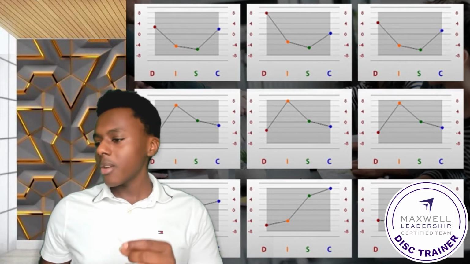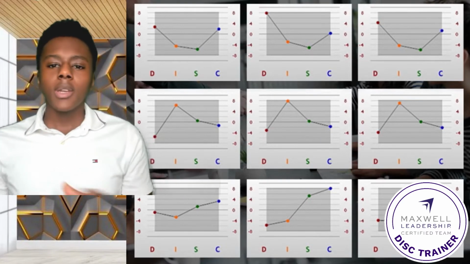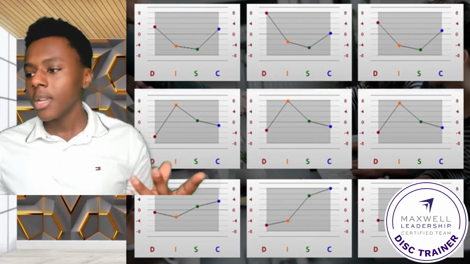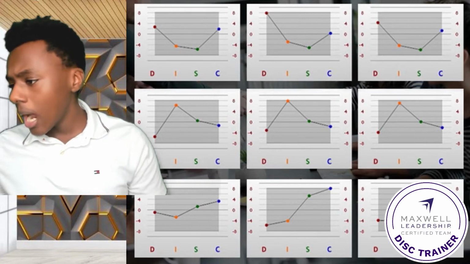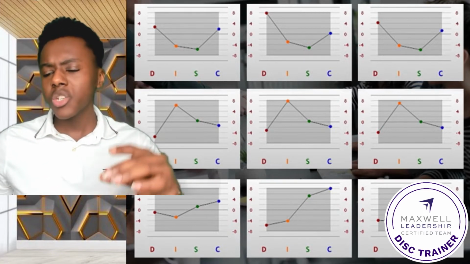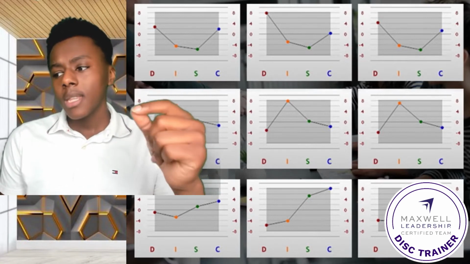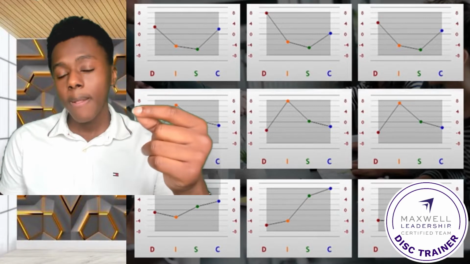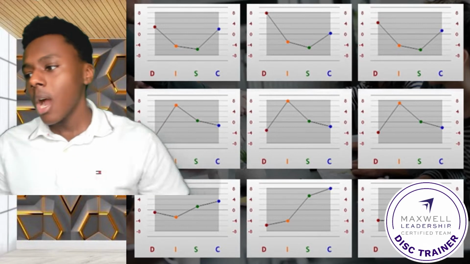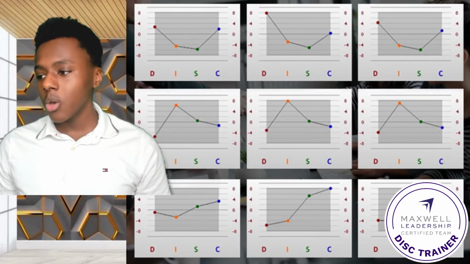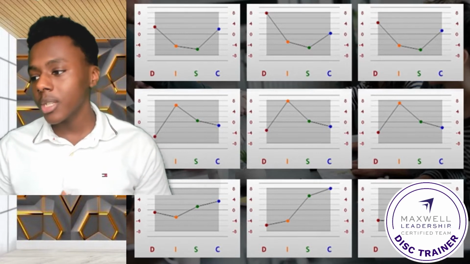As you can see right here, we have the first case study. We're going to name this person Jane. This person has a high D and a high C, so what you can infer is that this person is very task oriented. That's their mask. On to the second one, in the middle. That's the one you normally see when that person is under stress.